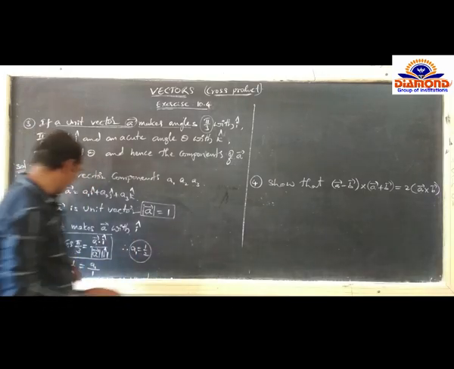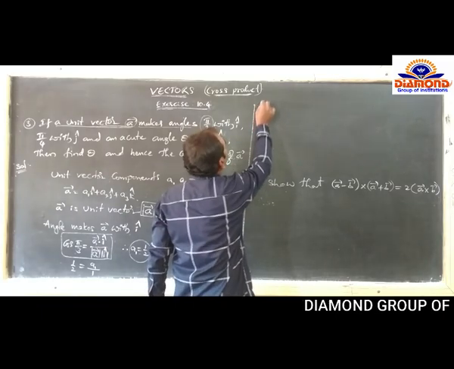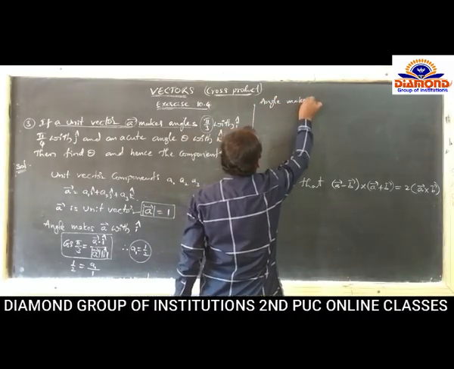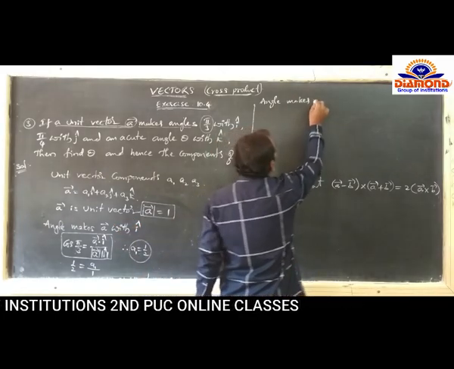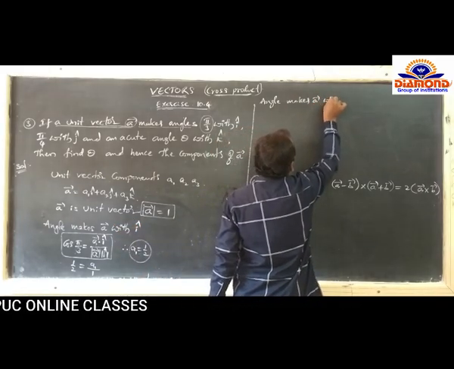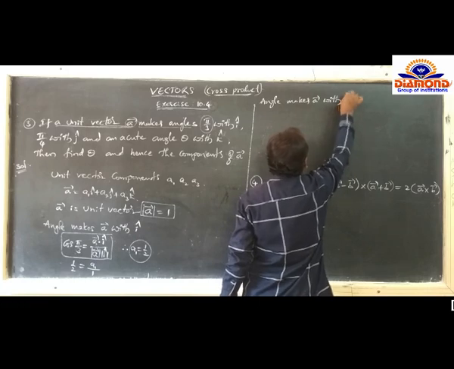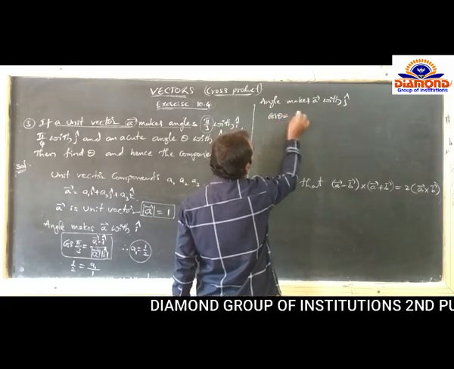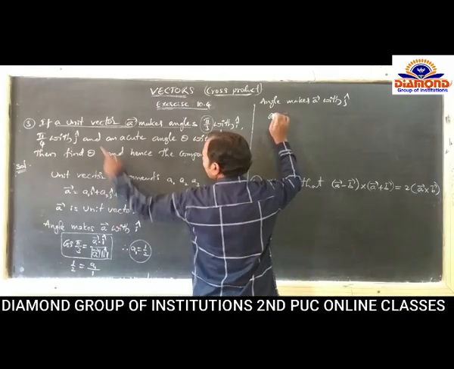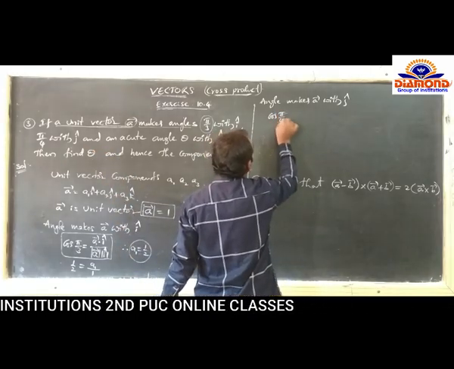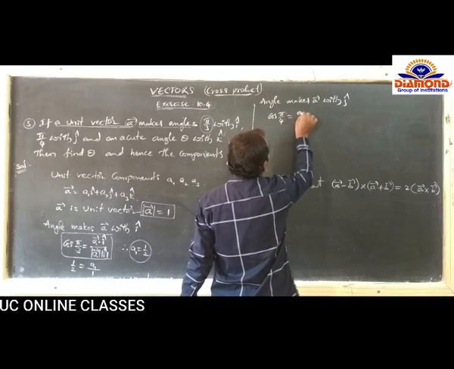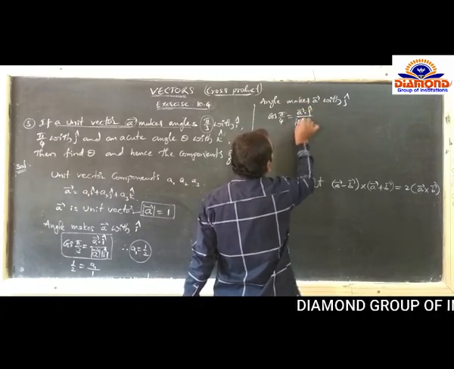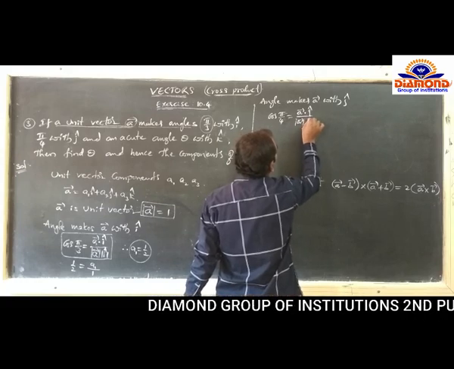Next, in the same way, the angle a bar makes with j cap. So cos theta, where theta is pi by 4, equals a bar dot j cap divided by magnitude of a into magnitude of j.